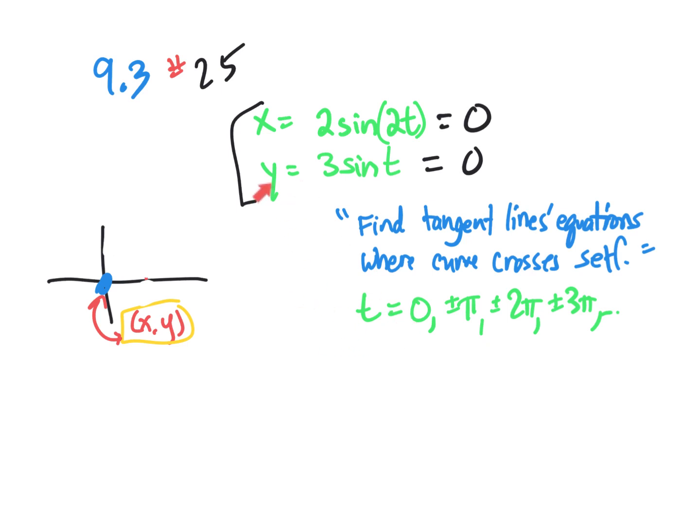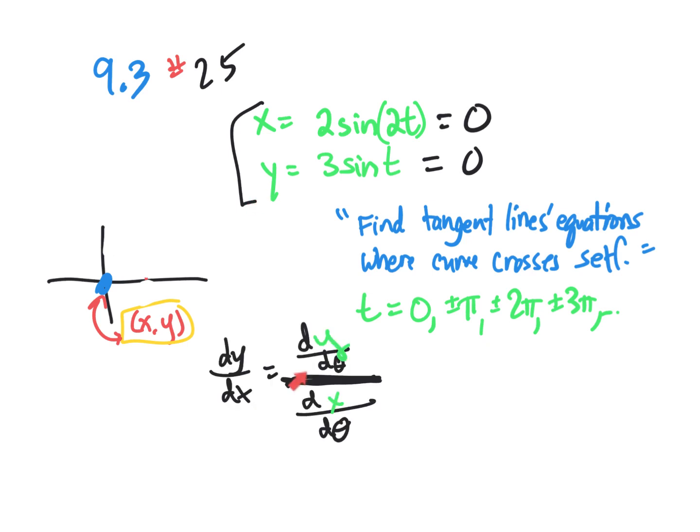So let's do the slope formula of a parametric plane curve, dy/dt divided by dx/dt. So here's our slope dy/dx. When t is equal to 0, we have negative 3 times 1, all over 4 times 1, which is negative 3/4.